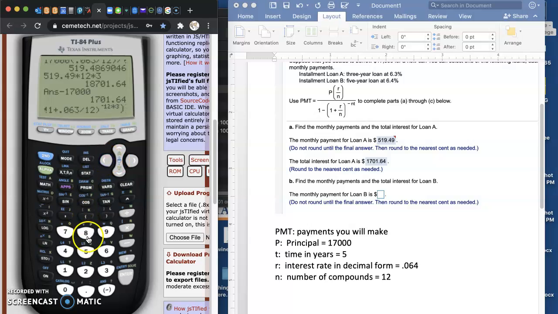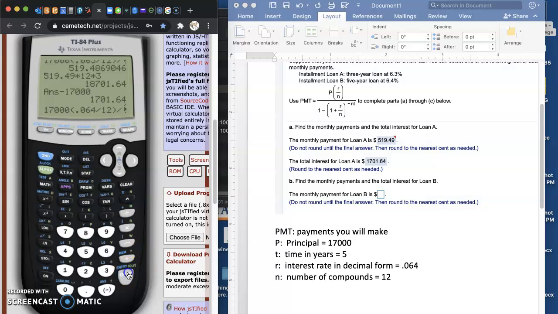So I'm going to just change my 3 to a 5. And then let's see what else changed. 0.063 changed to 0.064. So I'm going to go through and change 0.063 to 0.064. Did anything else change? Nope, it's still monthly, so that's still 12 and it's still 17,000.